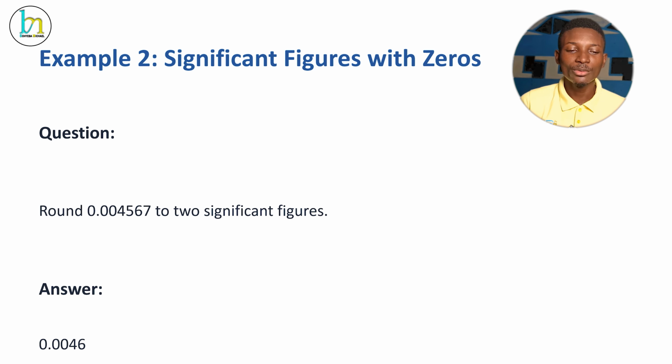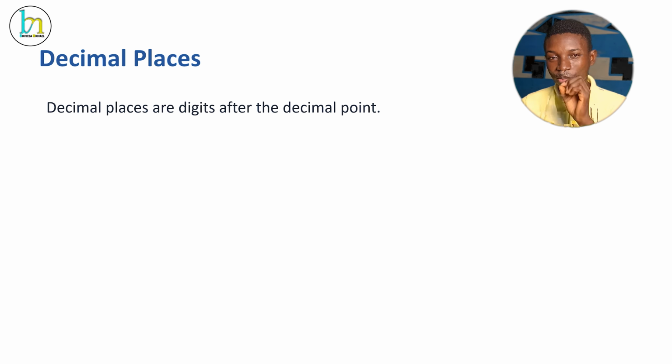Now we're moving on to decimal places. Okay, decimal places. Now, when we say decimal places, they are digits after the decimal point. Okay, so now note that there's a slight difference between the significant figure and the decimal place.